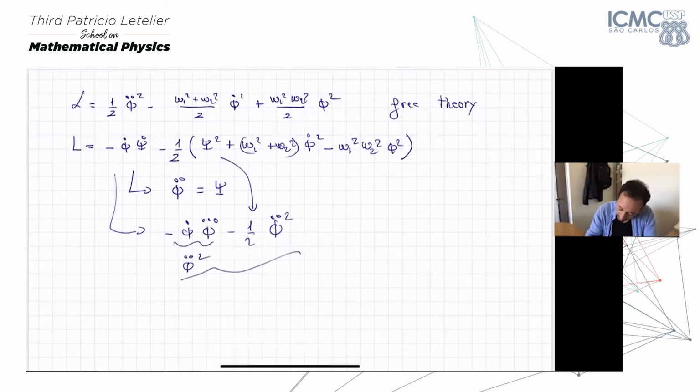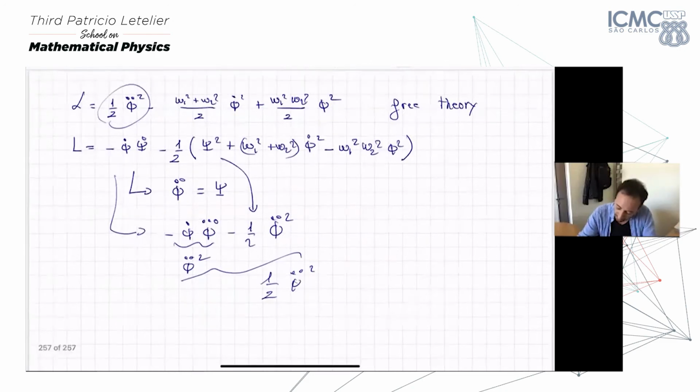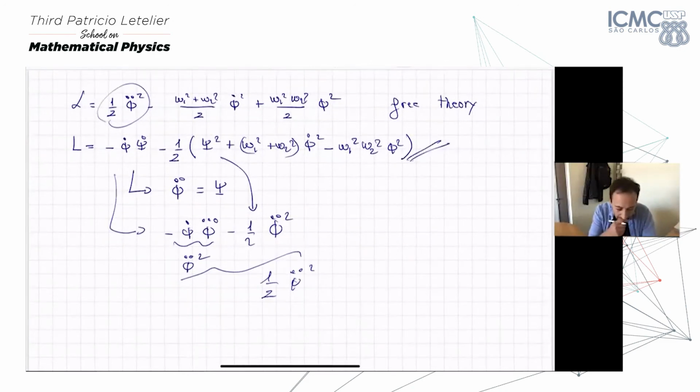So all this will give 1/2 phi double dot squared, which is the original one. Fine. So I will look at things in this way with this new Lagrangian, because now I have only first derivatives. And at the same time, I will do a change of variables. I will consider that x1 is equal to omega 2 squared phi plus psi, and x2 is omega 1 squared phi plus psi.